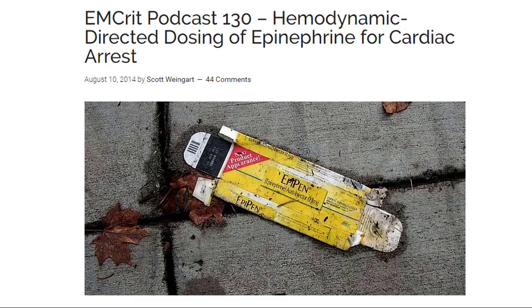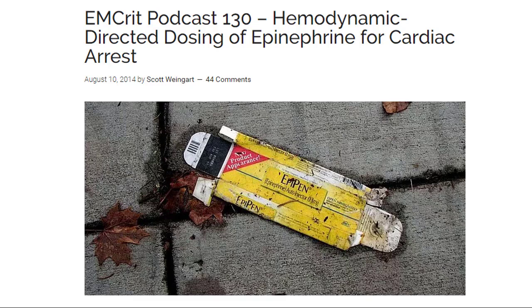You will see something in the future where they are talking about using end-tidal CO2 as a gauge for whether you should administer epinephrine in cardiac arrest. For example, if your end-tidal CO2 is above 20 or maybe 25 millimeters of mercury, you may have a protocol in the future that says don't give epinephrine at all. There are some agencies doing this now, but not a lot.